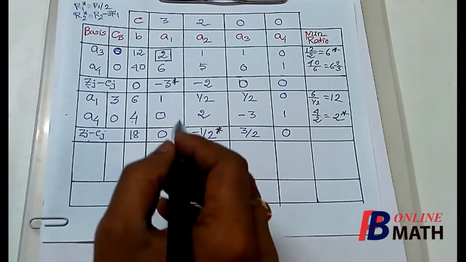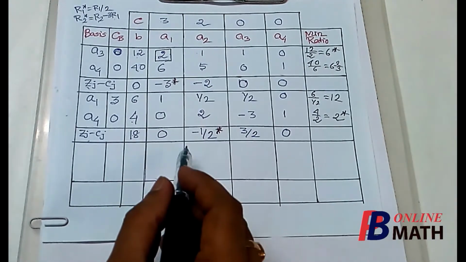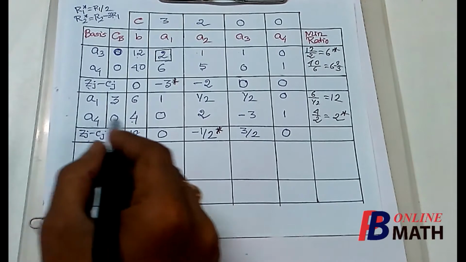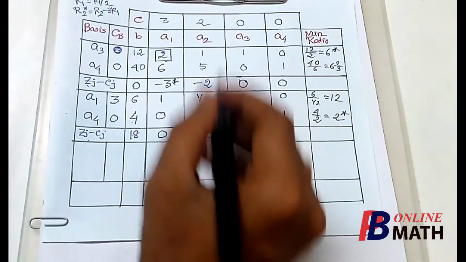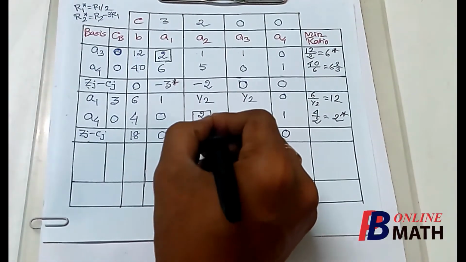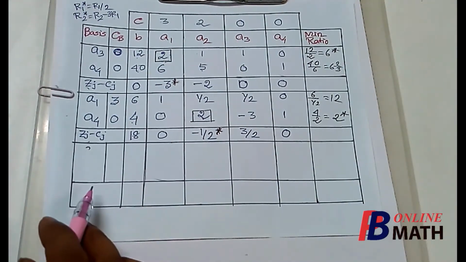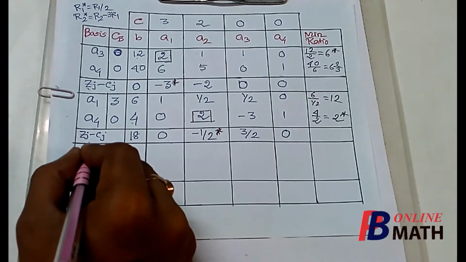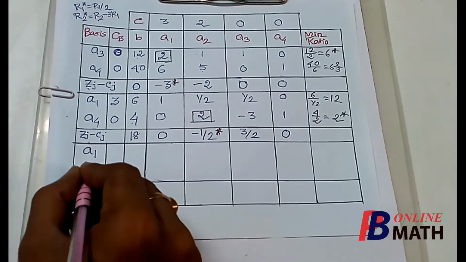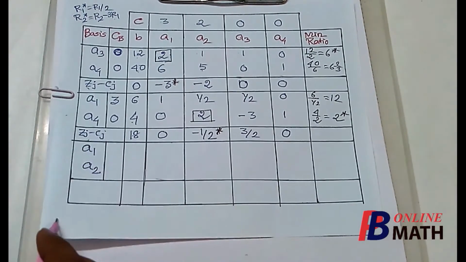Now we have to identify the key element. Now key element can be found from the intersection of this row and this column. Here we find that this is the key element. Now we have to modify the solution, and in the next solution set, the vector a1 and a2 will be the basic vectors.